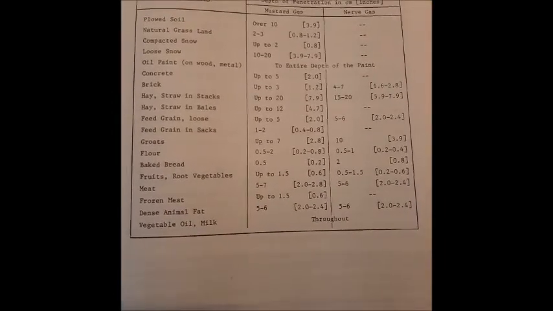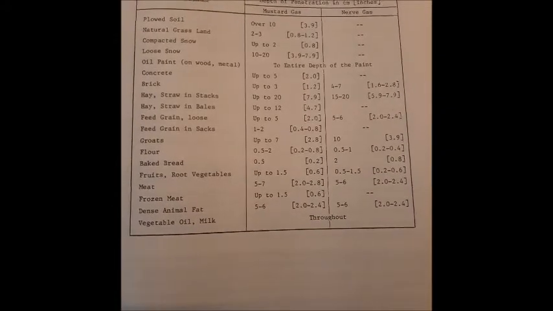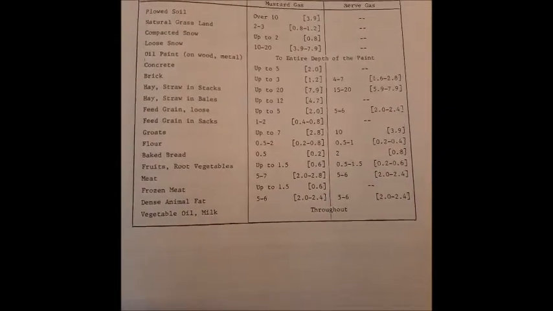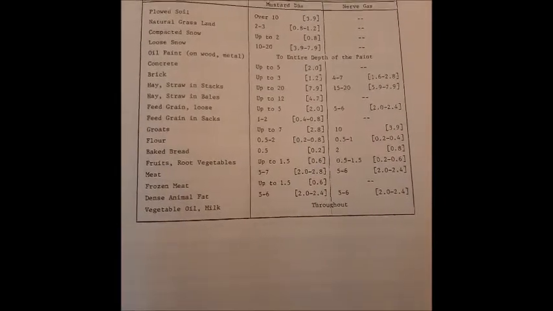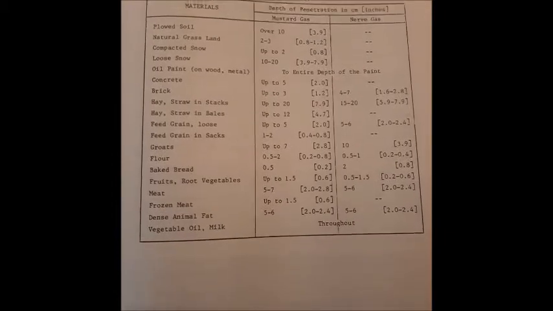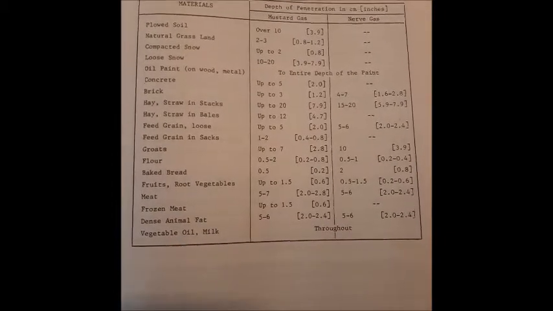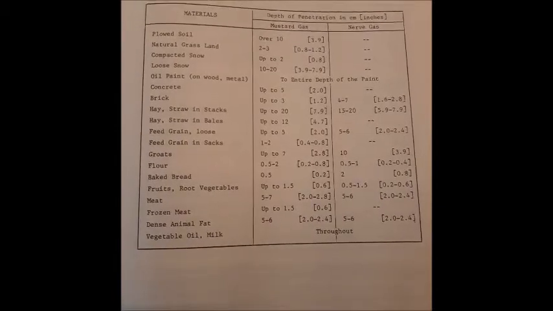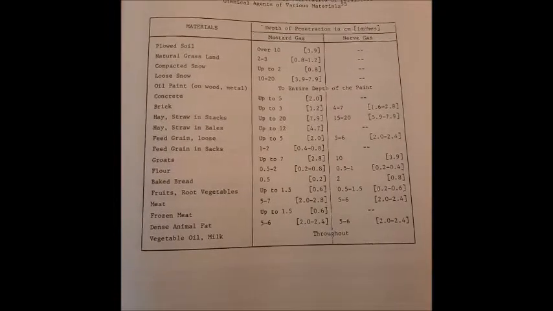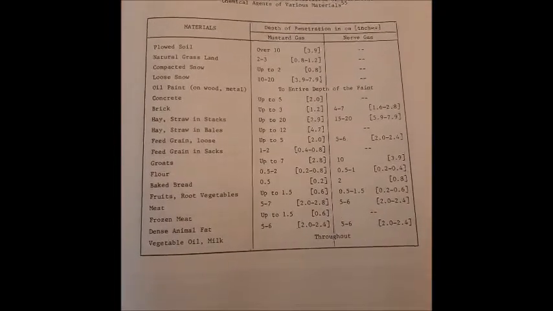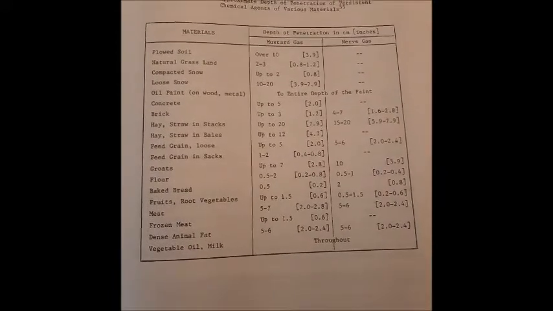They have stacks, bales, and then they also have loose grain and grain in sacks. And then you have other commodities: frozen meat, animal fat, vegetable oil. This is showing you the penetration into bulk materials by persistent chemical agents. This is incredibly important if you have to sort and use contaminated material. It tells you how much material you would have to remove from the pile to get to the core that's not contaminated.